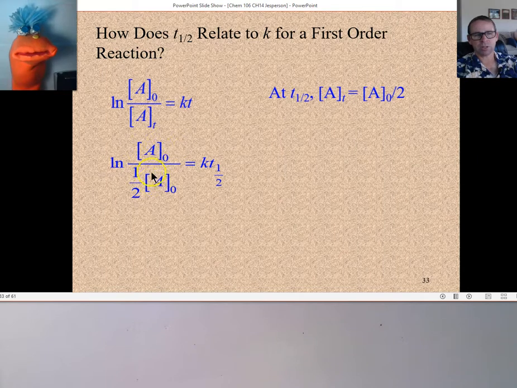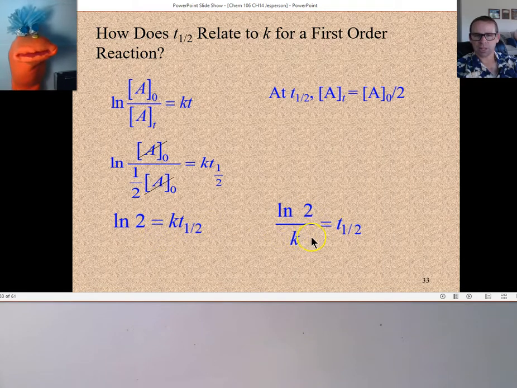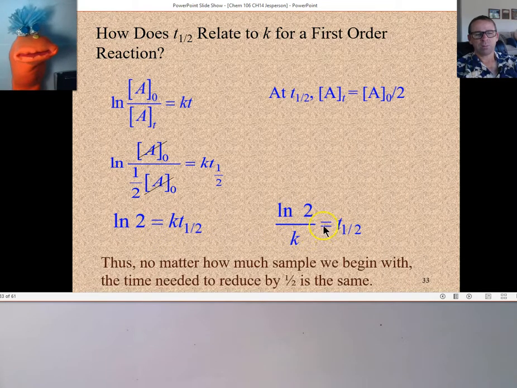If this is 100 and this is 50, or you start off with 70 and you go to 35, that ratio is going to be 2. So the natural log of 2 is equal to k times your half-life. Or in other words, the natural log of 2 divided by k equals your half-life, or the natural log of 2 divided by your half-life equals k. So that becomes a nice tool for us to use.